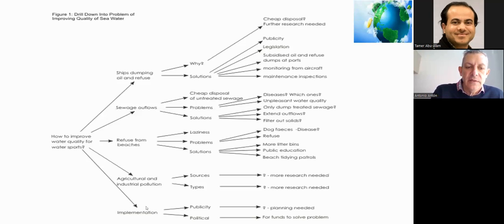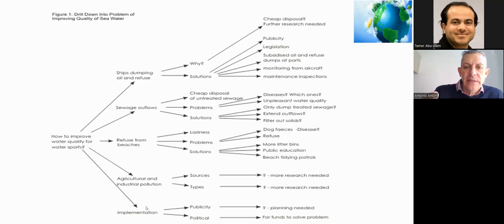What you see, for instance, the first parts, we break into ships, sewage outflows, refuse from beaches, agriculture, and implementation. You continue breaking down into different problems, for instance, in terms of ships, dumping and all refuse.